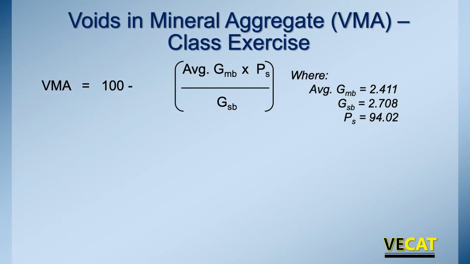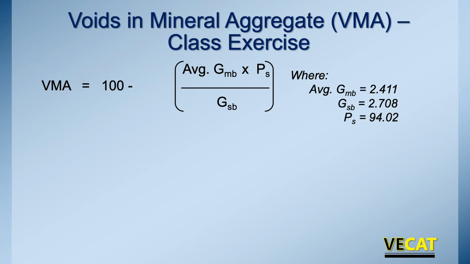So with those values, we're going to bring those in, these values we've been calculating. The average GMB from our 3 compacted gyratory samples, 2.411. The bulk gravity of the stone we just calculated a few moments ago of 2.708. And the percent stone in this mix, 94.02.